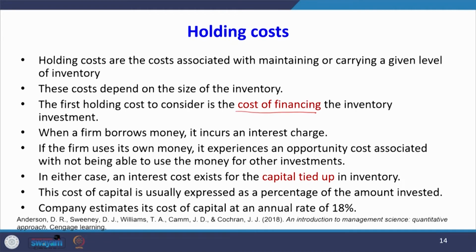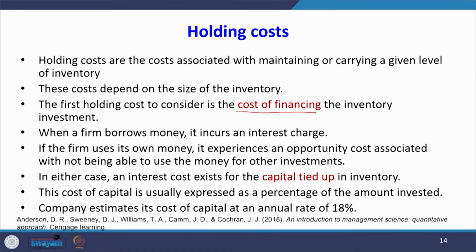So, when a firm borrows money, it incurs an interest charge. So, that is one example of holding cost. If the firm uses its own money, it experiences an opportunity cost associated with not being able to use the money for other investments, because your money is blocked. In either case, the interest cost exists for the capital tied up in inventory.